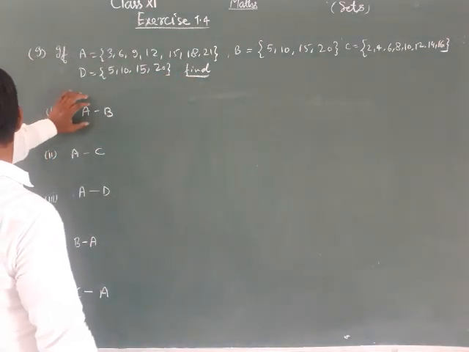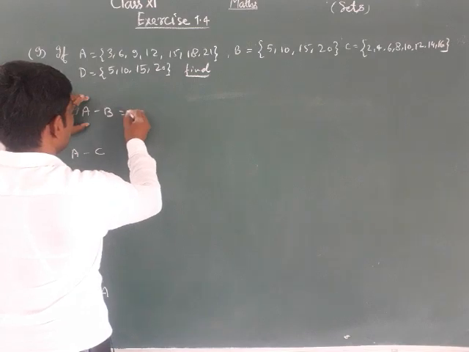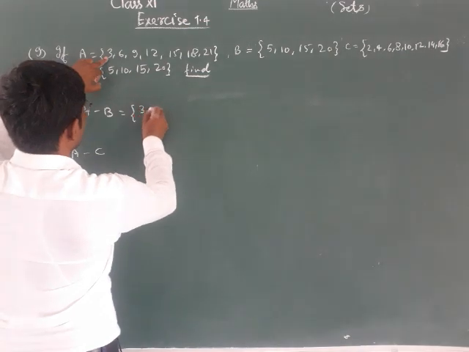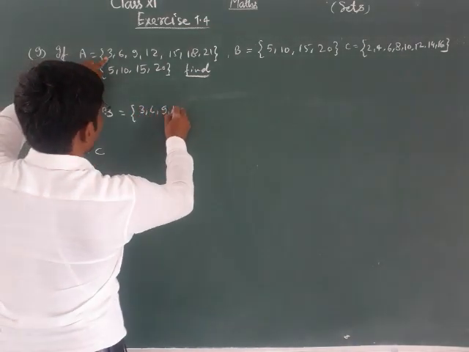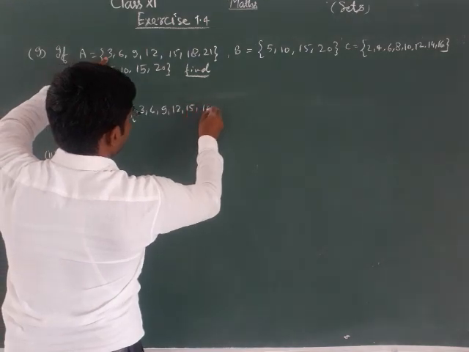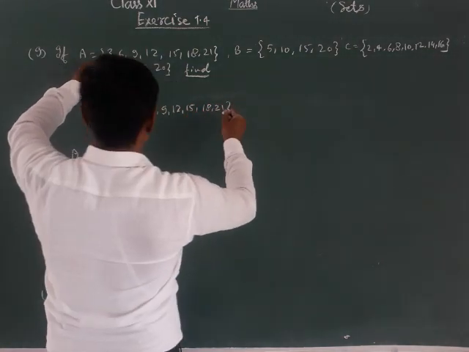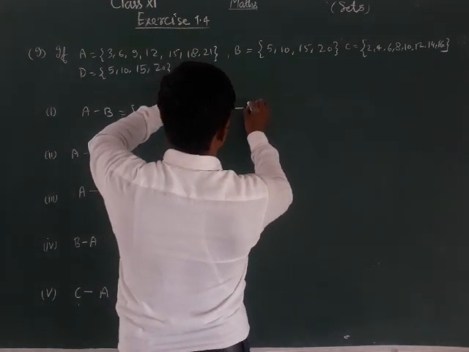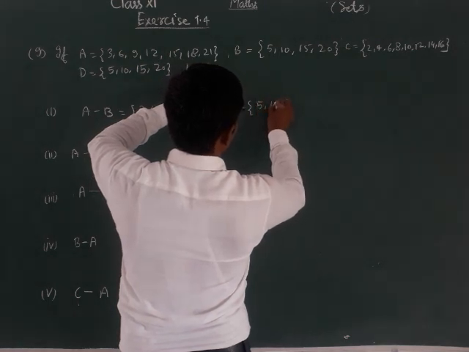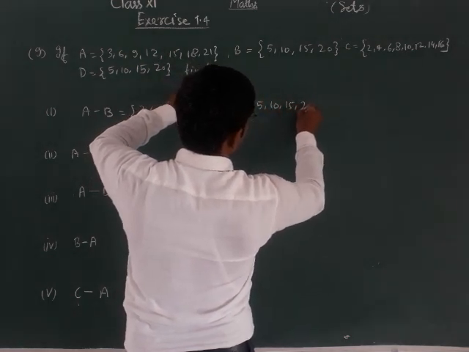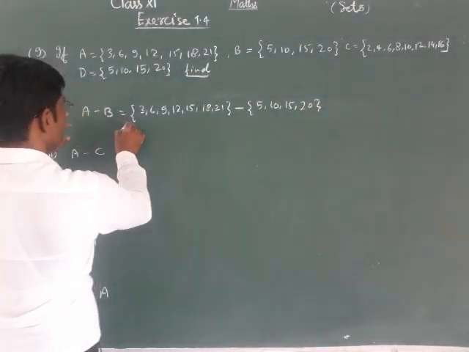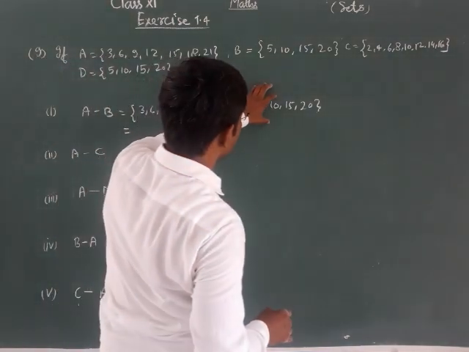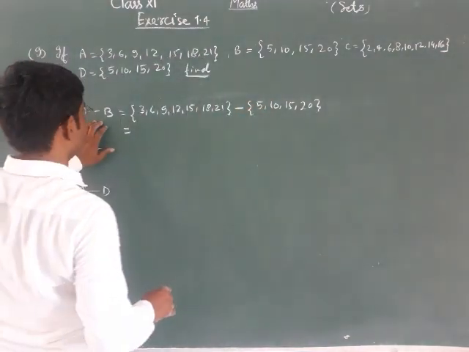Find A minus B. A minus B means those elements of set A which are not present in set B.